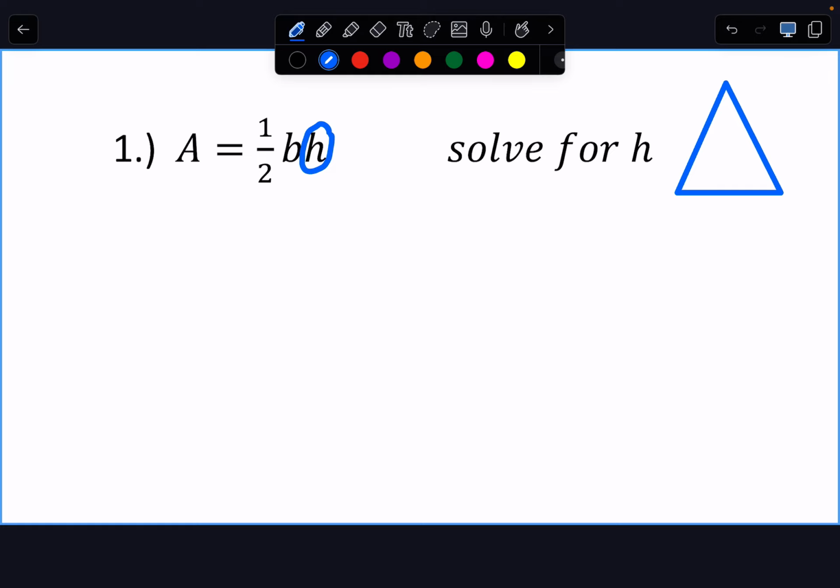So if I want to divide by 1/2, that is the same thing as multiplying by its reciprocal. So 1/2 times 2 goes away, and we have 2A equals BH.